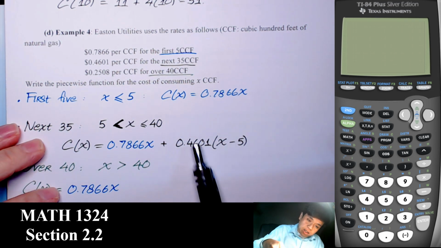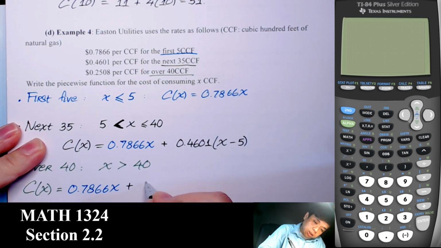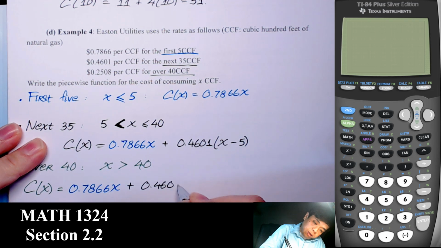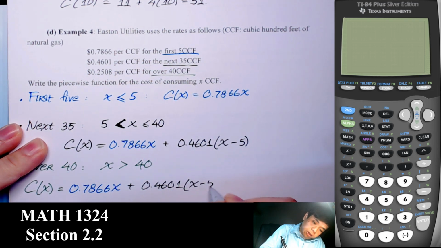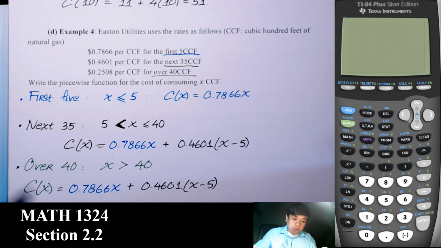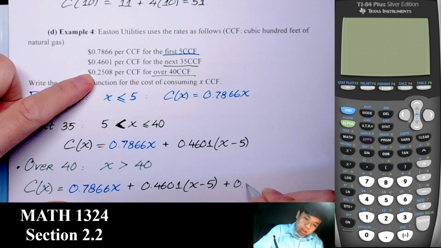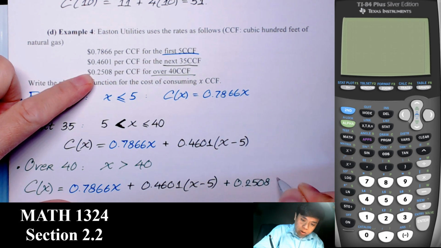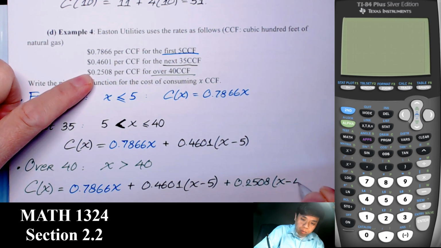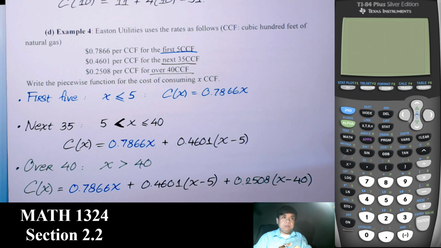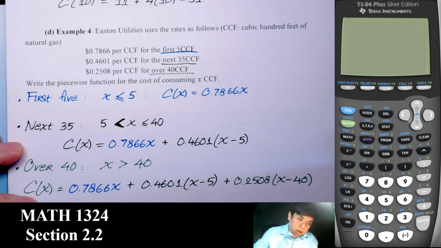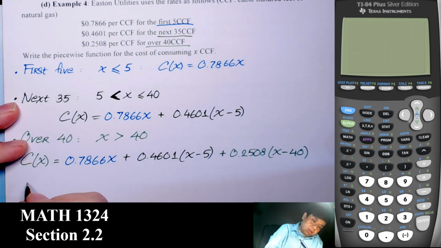And after that, it will be at that rate. And then the new rate will be for anything that is more than 40. This is the rate, only for the part over 40. And put all of that together, we have the piecewise function.